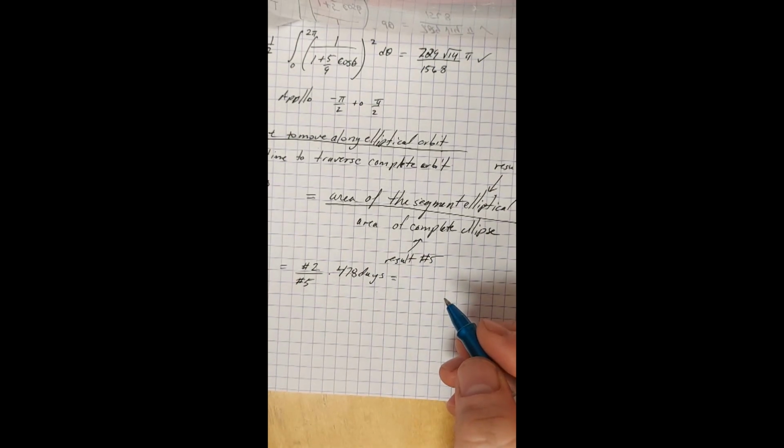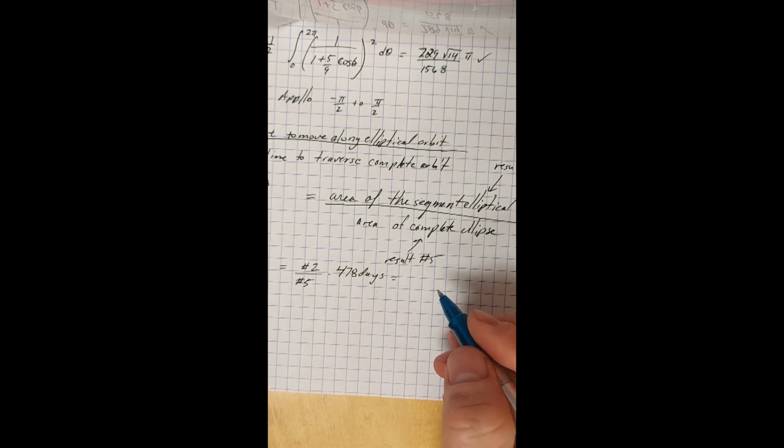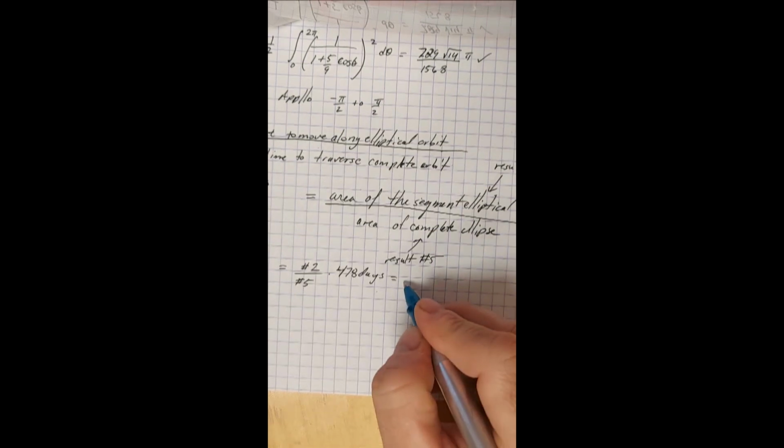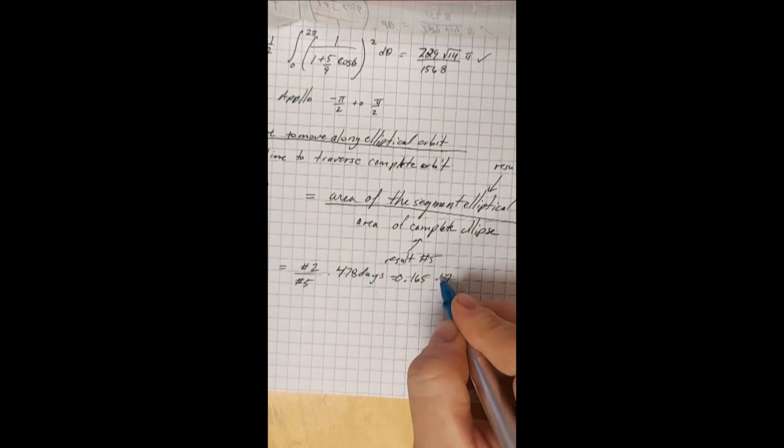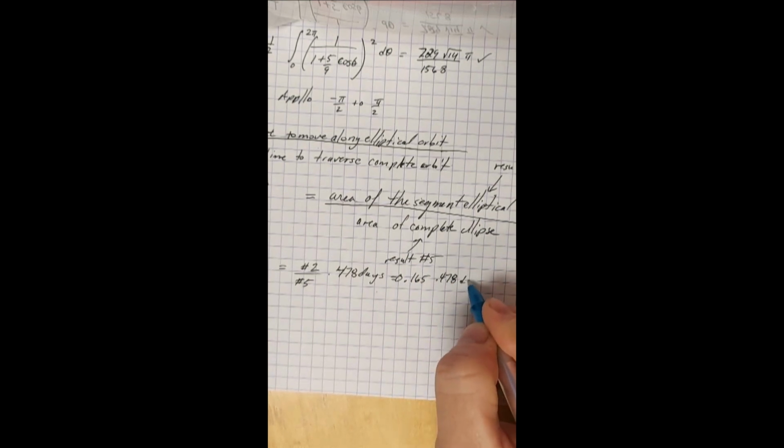This ratio turns out to give us, in decimal form, about 0.165 times 478 days.